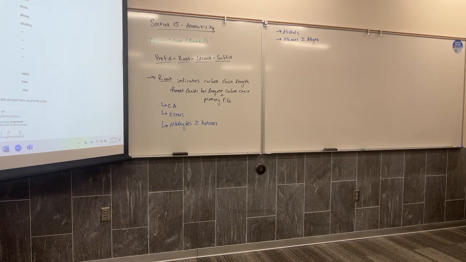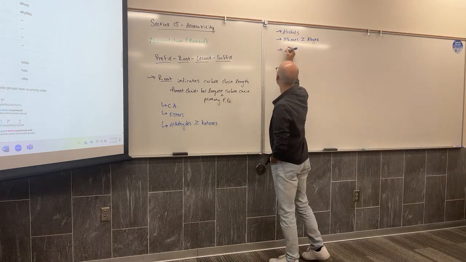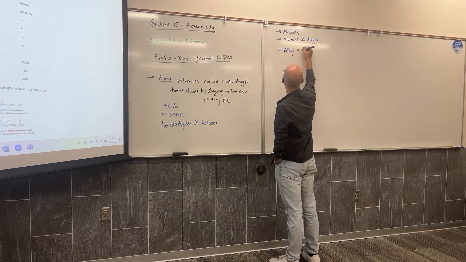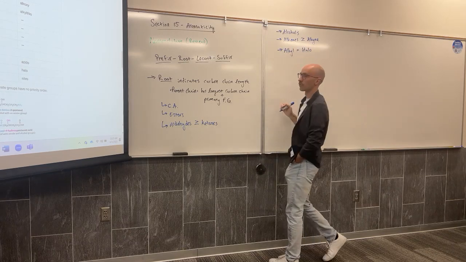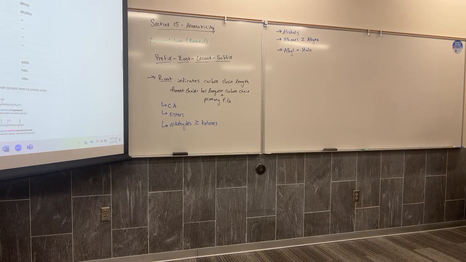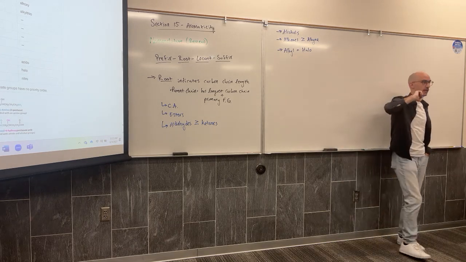Then you can see that the lower priority groups are the alkyl groups and the halo groups and the nitro groups, but we're not going to do a lot of nomenclature with nitro groups. And here I'm saying that these are identical to each other.